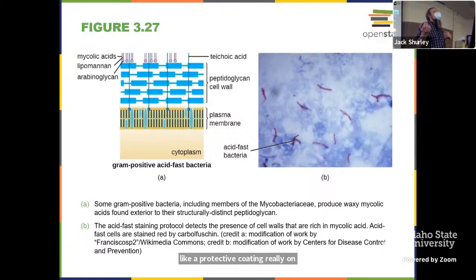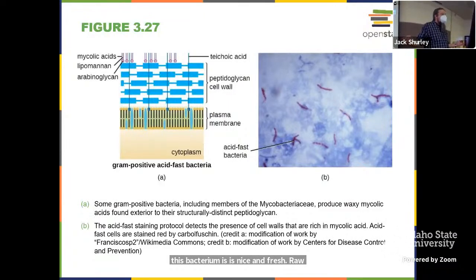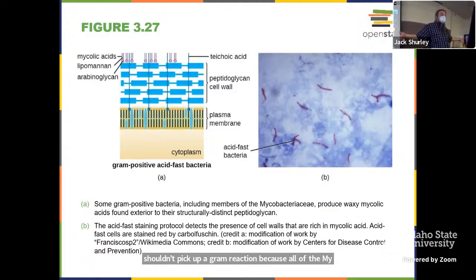So if everything's all fine and good and this bacterium is nice and fresh, really it shouldn't pick up a gram reaction because all of the mycolic acid makes it pretty much impenetrable to those staining reagents. But if the culture's a little old, mycolic acid might break down a bit, and then these organisms might appear gram positive, all right?